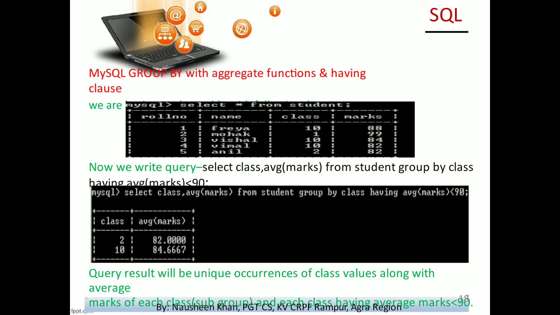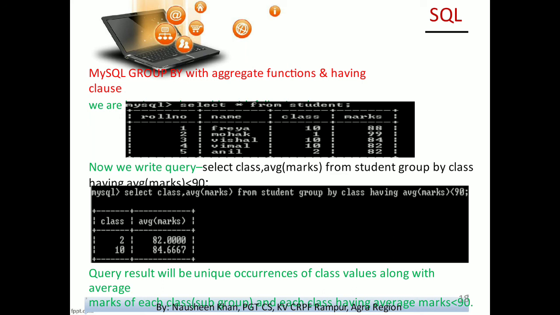But we cannot use the WHERE clause along with an aggregate function. That means instead of WHERE, if we are using a condition on an aggregate function, we will write the HAVING clause. That is the only difference.